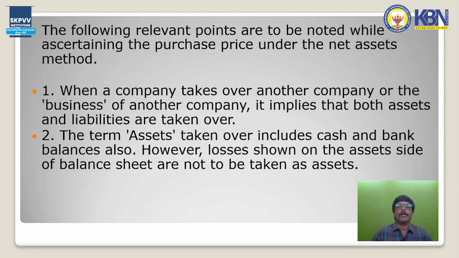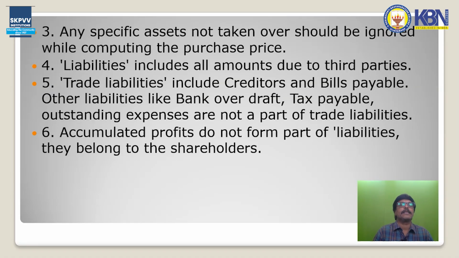Sometimes a profit and loss account debit balance may be given. Loss on issue of shares and debentures may be given. Some preliminary expenses and deferred revenue expenses, which were not yet written off, may be given. Such items should not be taken into account while calculating the purchase consideration.